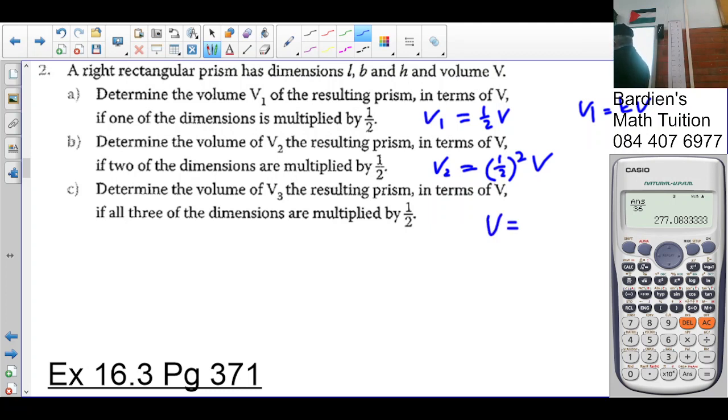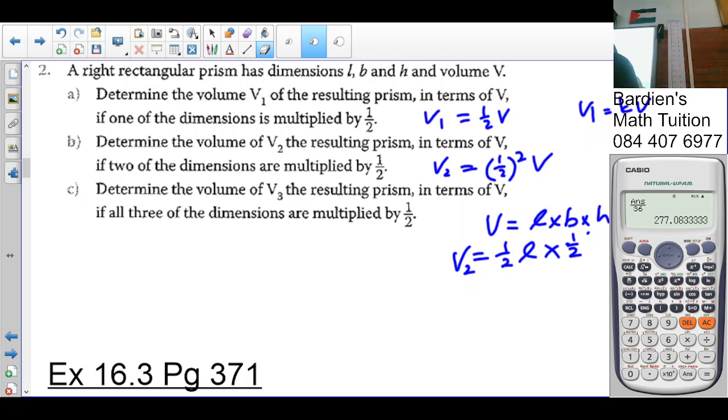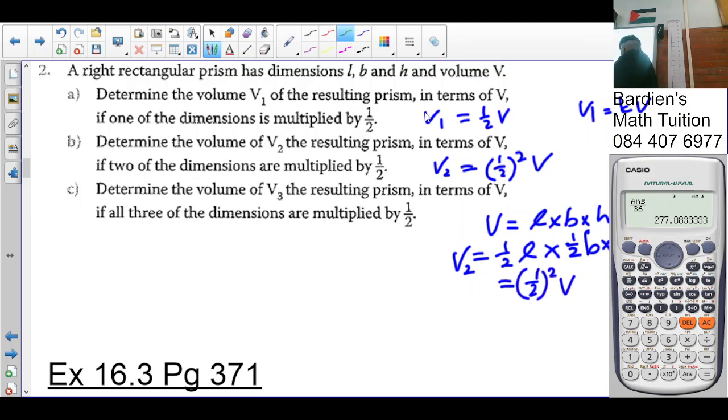So if the original is length times breadth times height, which is LBH, and the length is multiplied by a half and the breadth is multiplied by a half, which is a half squared LBH, which is a half squared V. You see that LBH is the volume? You understand?